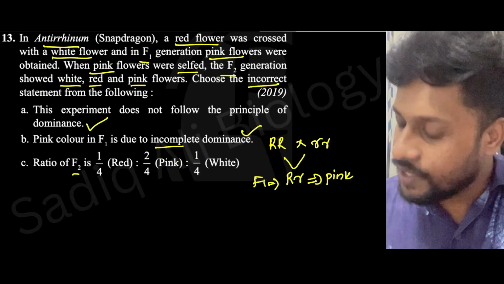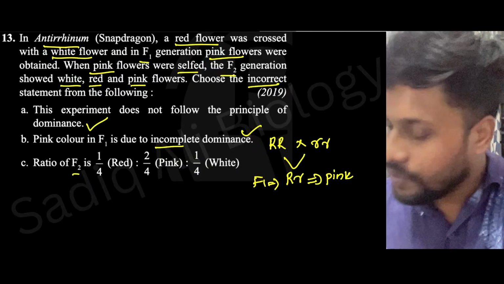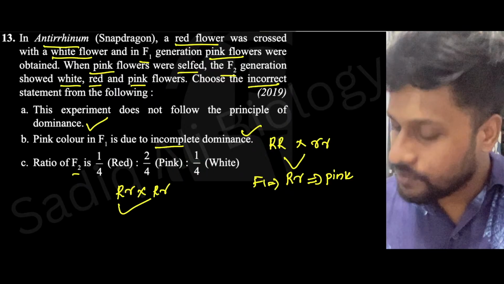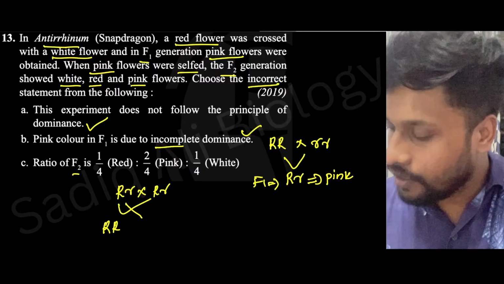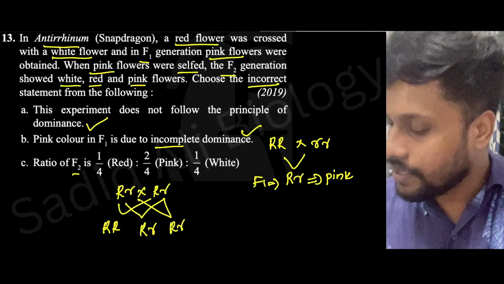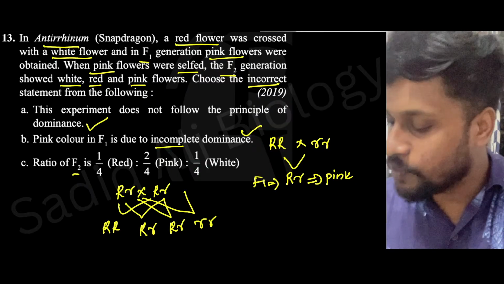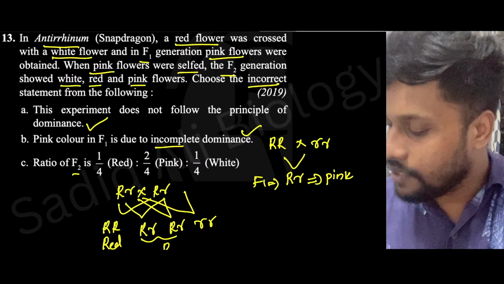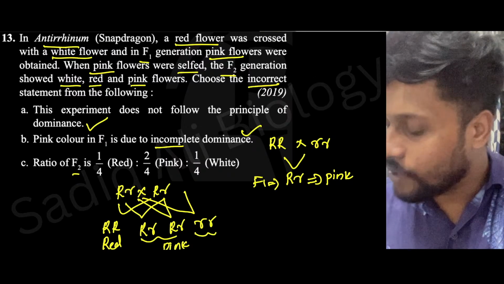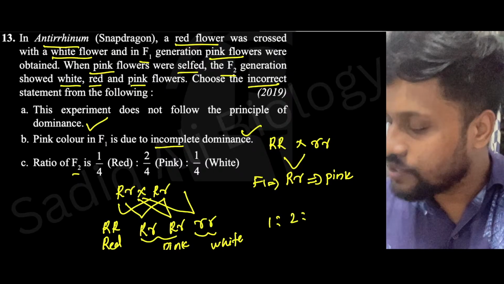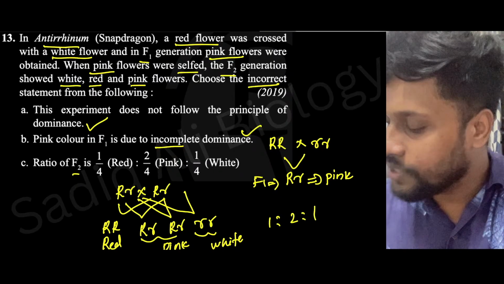If you are crossing capital R, small r with capital R, small r, you will get capital R, capital R, capital R, small r, capital R, small r, and small r, small r. This is red, this is pink, this is white. So what is the ratio? 1 is to 2 is to 1. 1 is red, 2 are pink, and 1 is white.